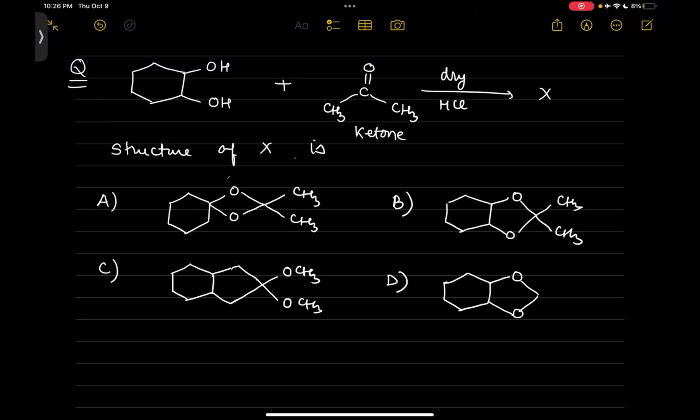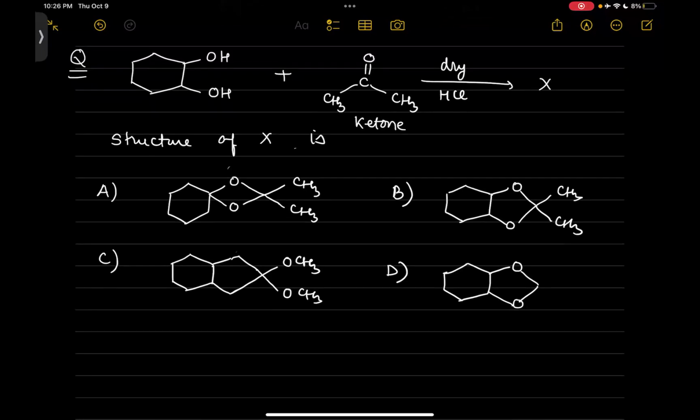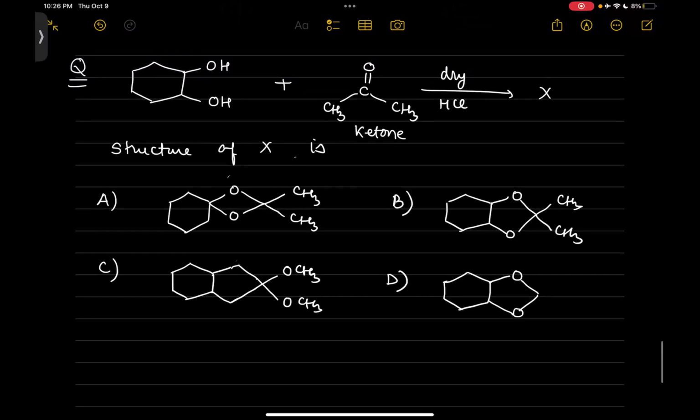But which ketal are we going to get? So you need to look for the structure of the alcohols and the ketone which is given. Are we going to get a hemiketal or a ketal? But we have taken only one alcohol. If we have taken just one alcohol, normally with one alcohol we get a hemi.